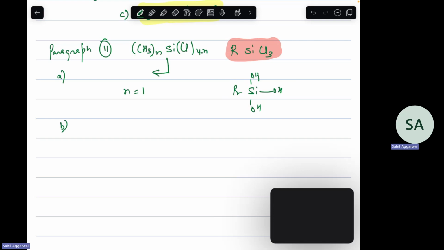Which of the following is correct about silicones? Silicones are organosilicon compounds with having SiO-Si linkage. R3C, that's wrong. RSiCl3 on hydrolysis followed by subsequent polymerization gives linear. No, it will give cross-linked silicones.